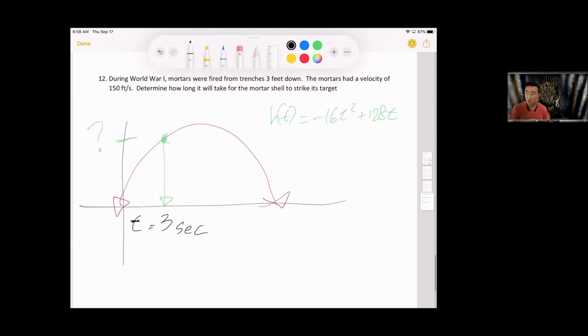So if they're giving you the time and they want the height, guess what you have to do in order to find it? Super simple. Substitute. That's all you have to do.